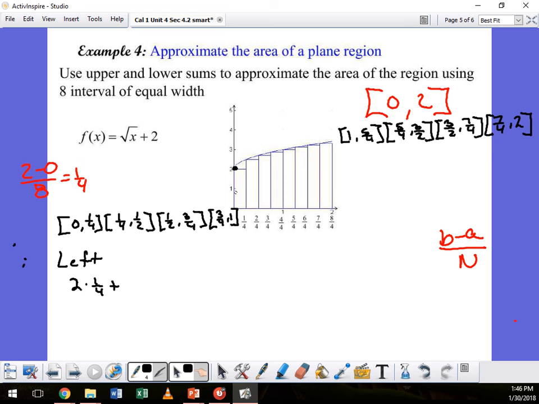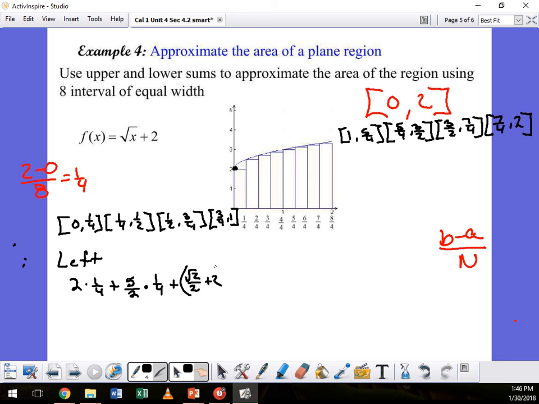So it's 5 halves times 1/4, plus, grab rad 2 over 2 plus 2. Rad 2 over 2 plus 2 would be 2 plus rad 2 over 2.